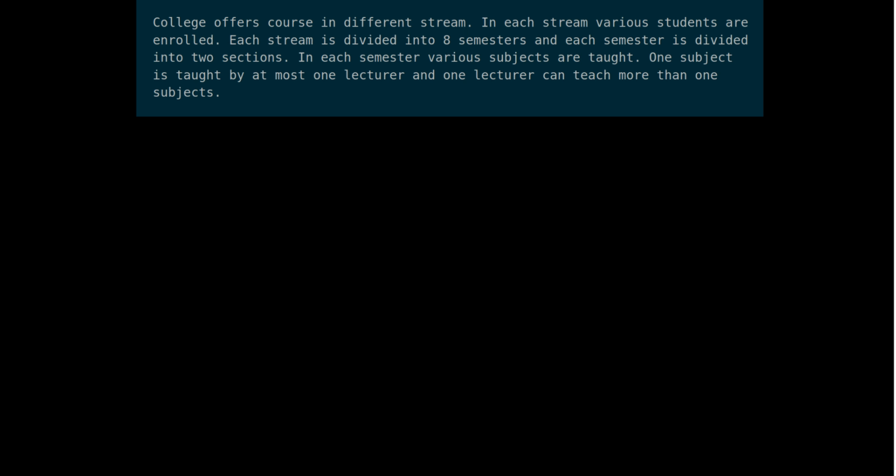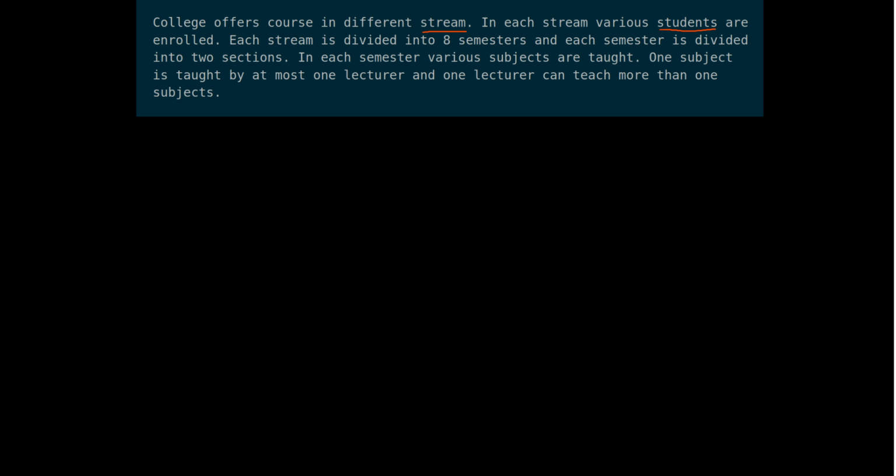So the first step should be identifying the entities, of course. In this question, the first entity is stream, and in each stream various students, this is another entity, are enrolled.